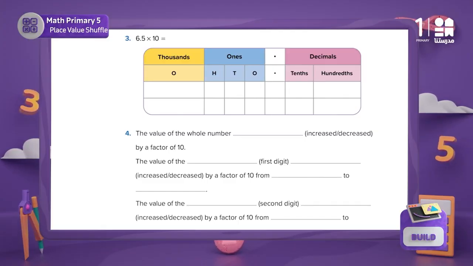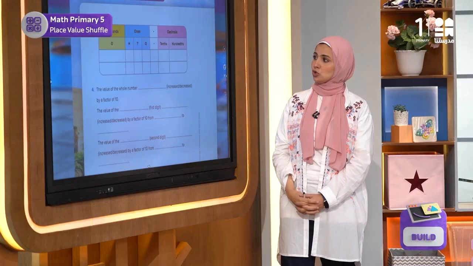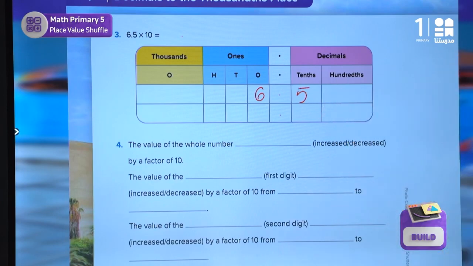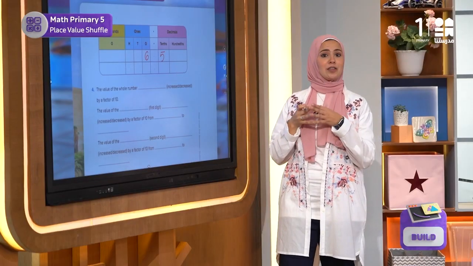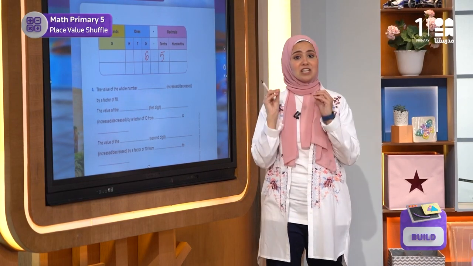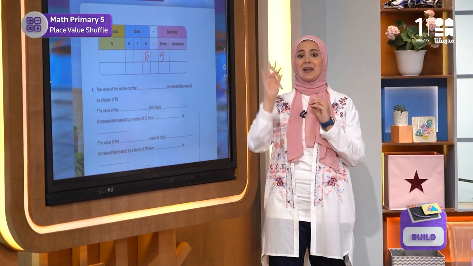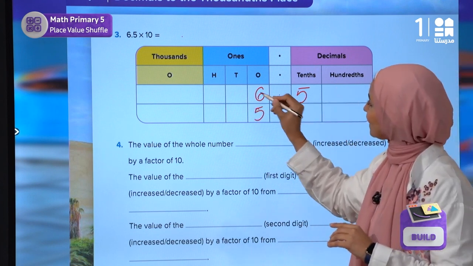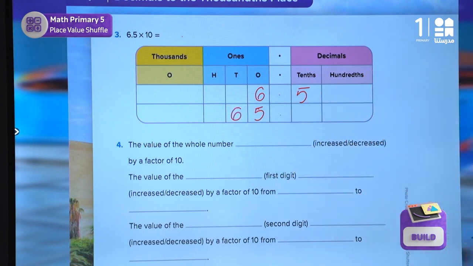For question number 3, we're going to record the number in the place value chart. So what do we have? 6.5. We are going to multiply the number by 10. After multiplying by 10, the digits of the number will move one place to the left. So 5 will go to the ones and 6 will go to the tens. So in question 4, the value of the whole number increased by a factor of 10.